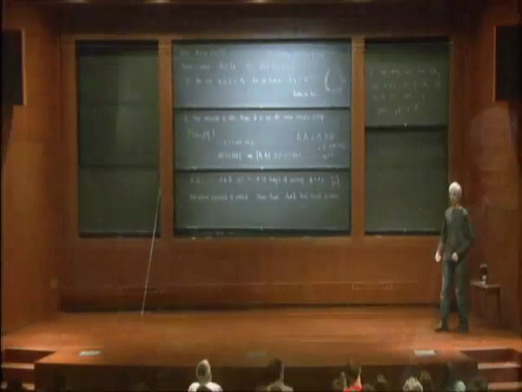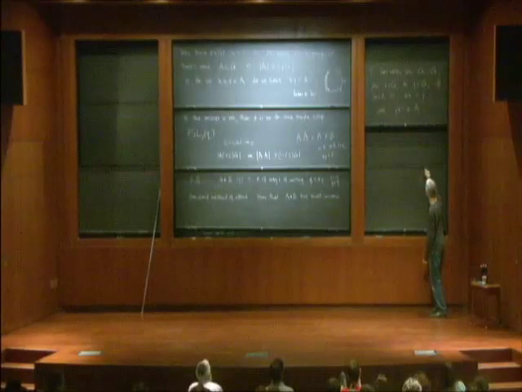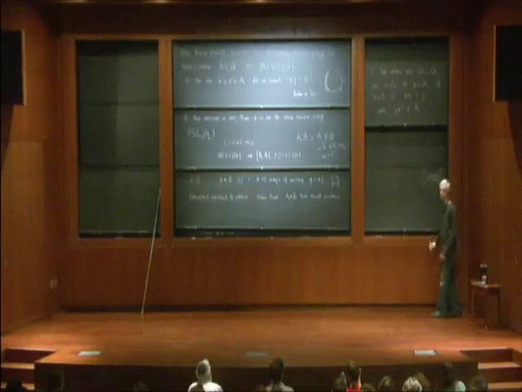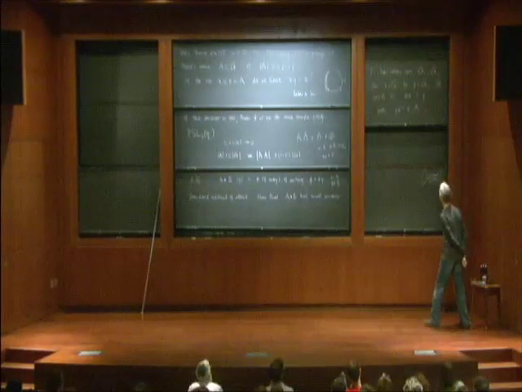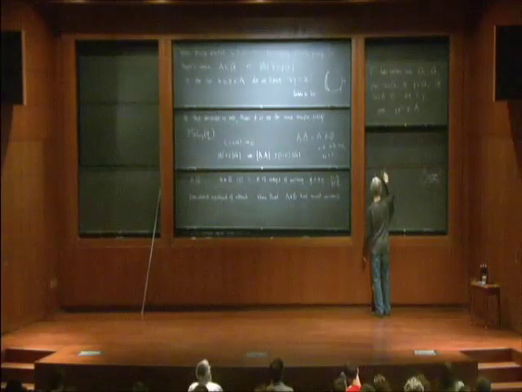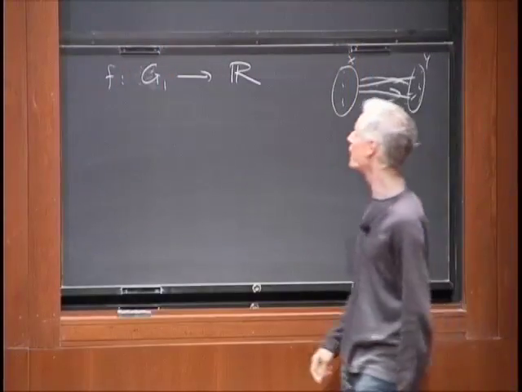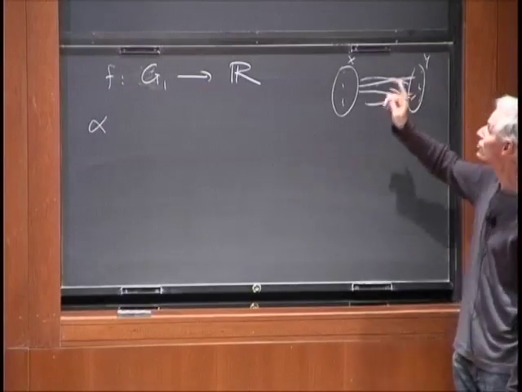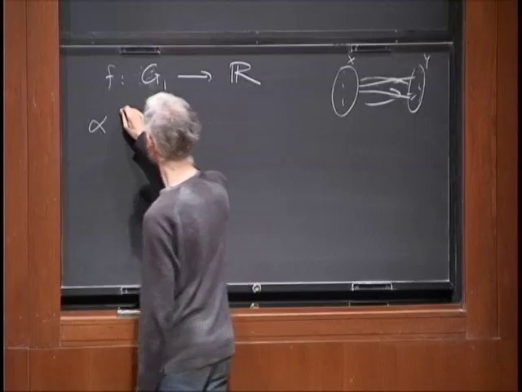Now, once you've got a bipartite graph, you've also got a matrix. So the matrix takes a function defined on the first vertex set and will give you a function defined on the second vertex set. Just for convenience, I want to write down precisely what that function is. So if I've got a function f from G1 to R, then let's write alpha for the linear operator associated with the matrix that I get from A, or the graph.